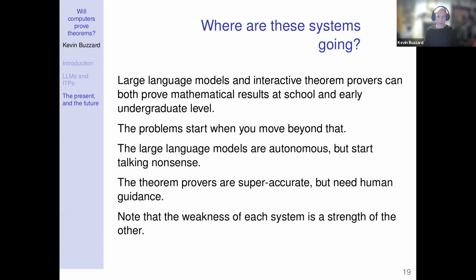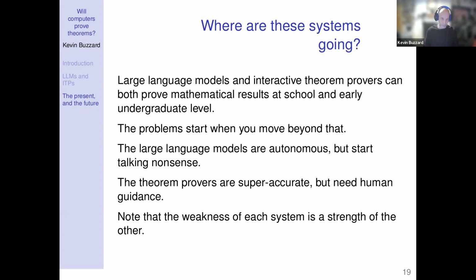Interestingly, the weakness of each system is a strength of the other system. We've got humans powering the libraries that the interactive theorem provers are using. But the large language models are very good at writing stuff by themselves. On the other hand, large language models are also very good at making mistakes. But you can't make a mistake in a theorem prover.